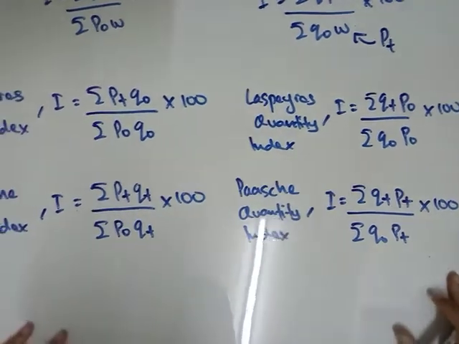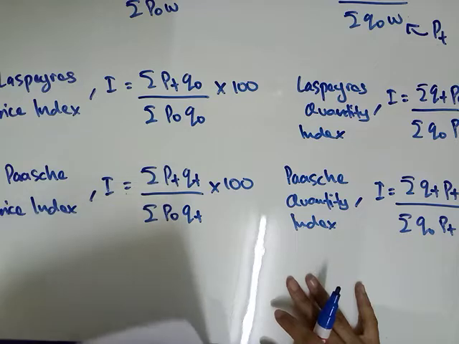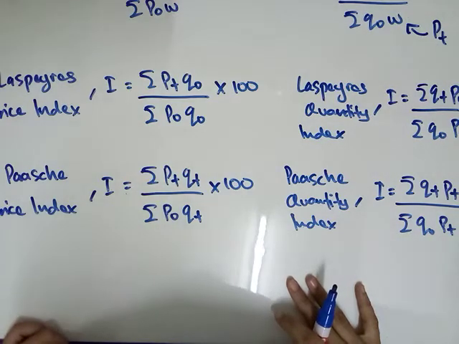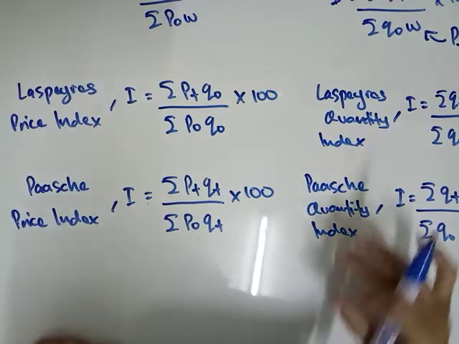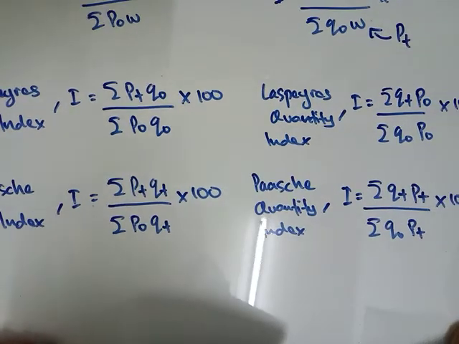So we have 4 formula for Laspeyres and Paasche index. Boleh faham tak? Dia punya formula dia lain-lain.